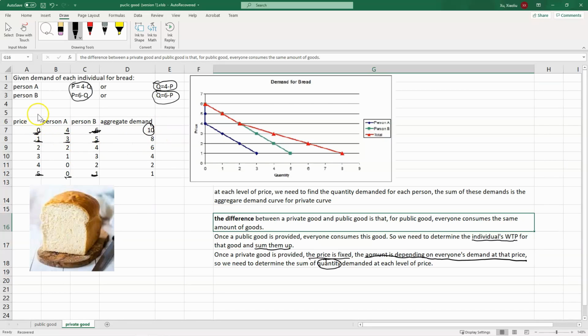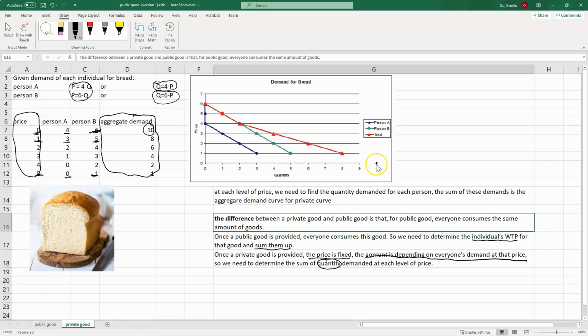So as we can see, from this table, we can find a relationship between price and aggregate demand, right? So if the price is equal to 0, then the aggregate demand would be equal to 10.